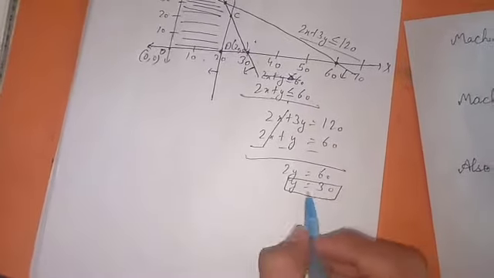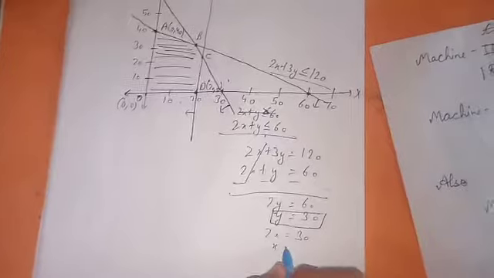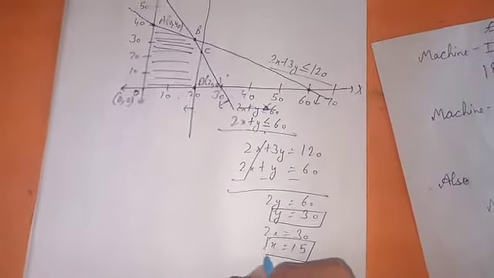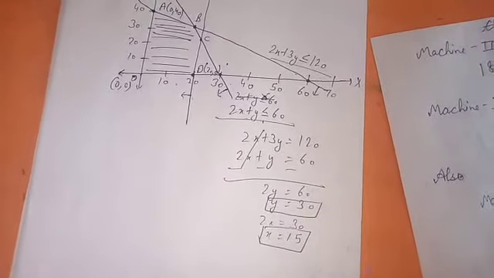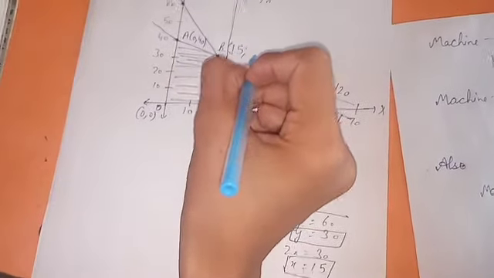Okay, and when y is 30, I will get 2x as 30 and x is equal to 15. Okay, so the coordinates of B are 15, 30.